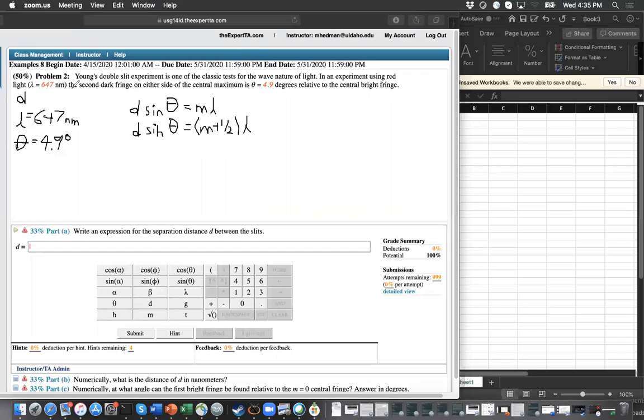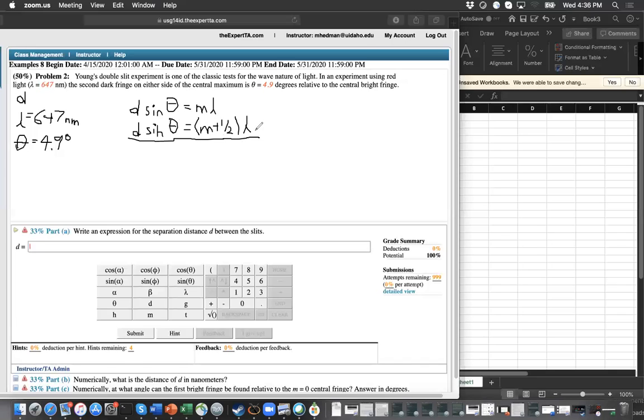We're told the second dark fringe on either side of the central maximum. We're talking about a dark fringe. Remember, this is the expression for constructive interference, and this is the expression for destructive interference. So the relevant equation is this one, because dark fringes correspond to destructive interference.